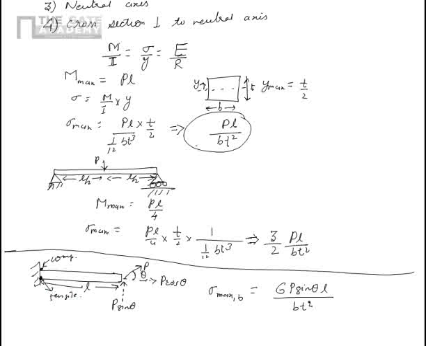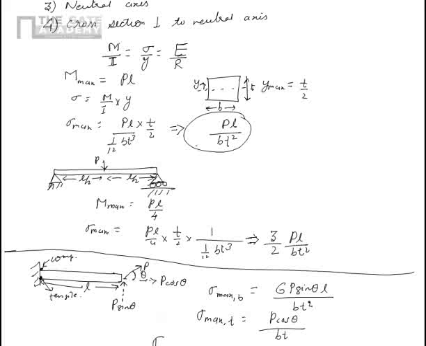Now along with this there is a tensile force of P cos theta. So there is a tensile stress, sigma max tensile, which is equal to P cos theta divided by Bt. And this is a uniform stress everywhere in the beam.